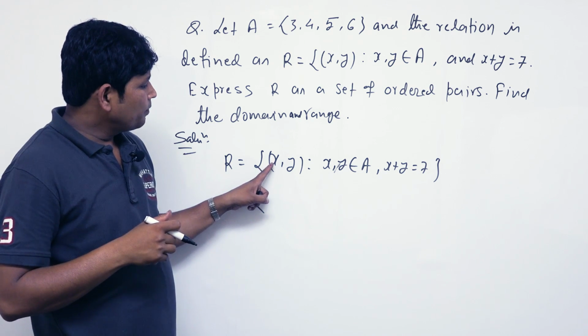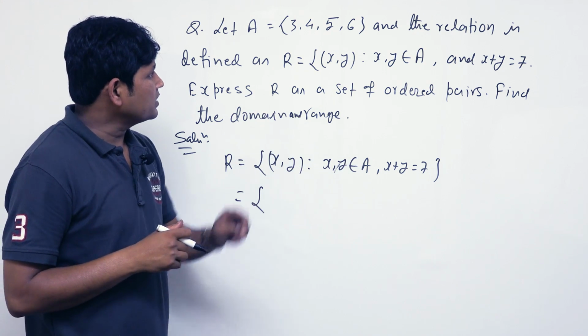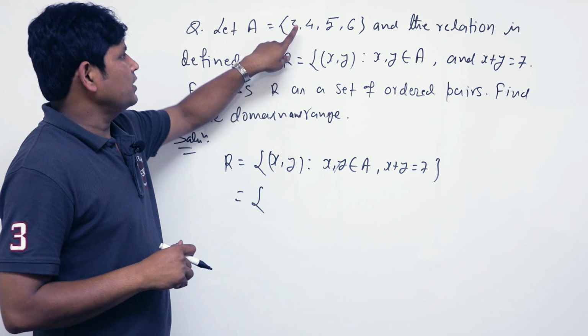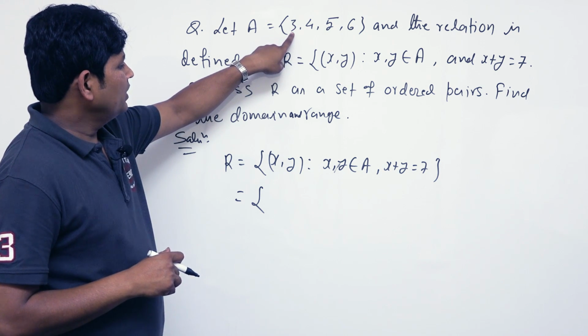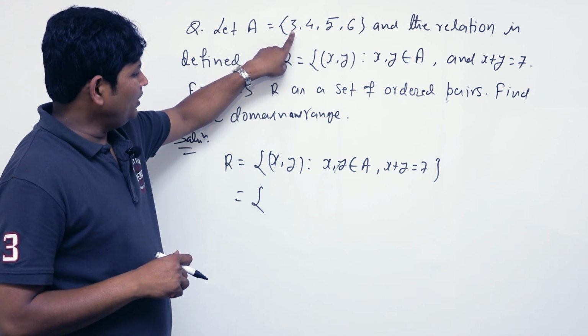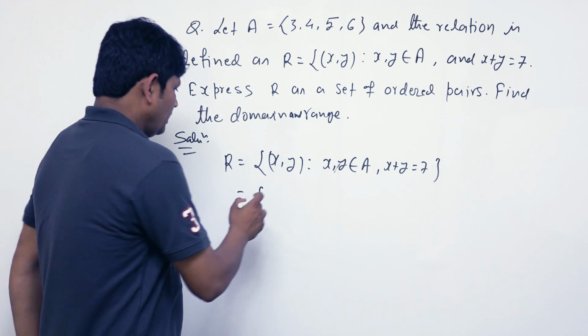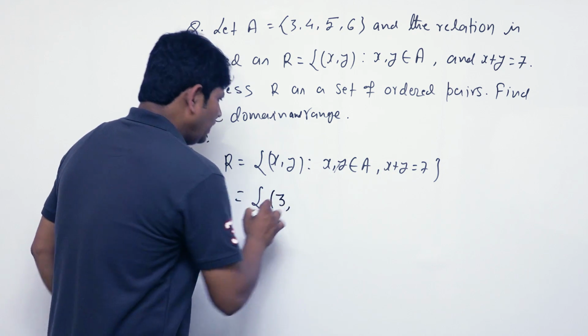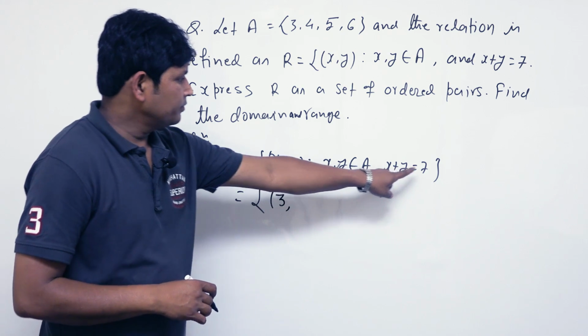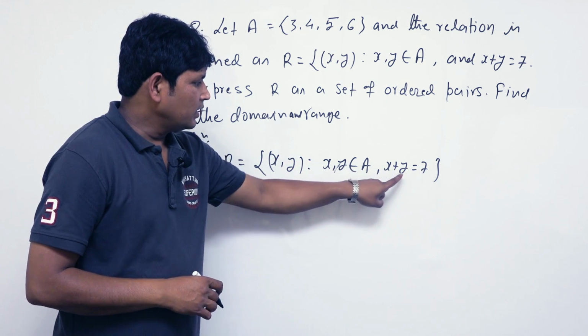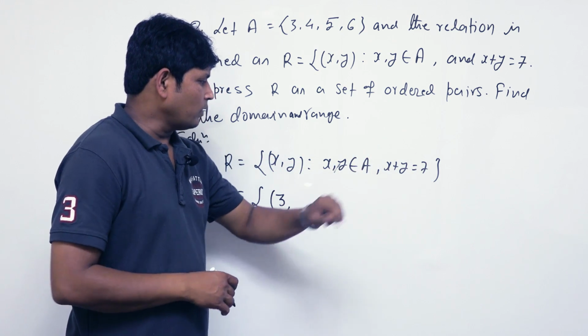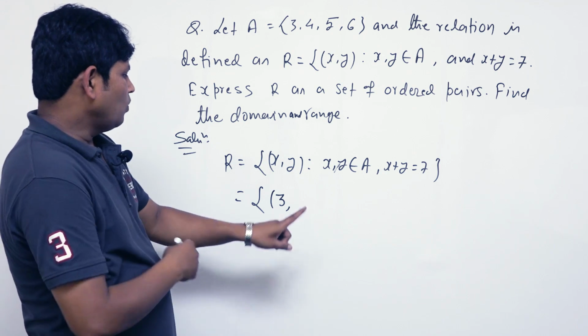Now take x from A first. Take any element from A. So first we can take 3. If I take x is equal to 3, what will be the value of y? 3 will go there, then we get y is 4. Yes, so y is 4.